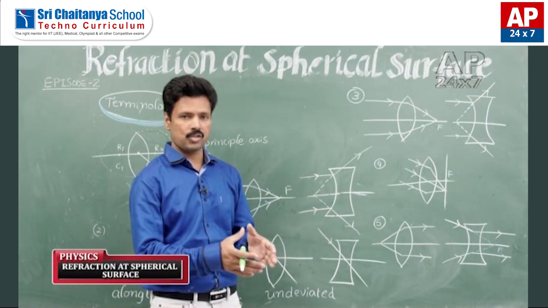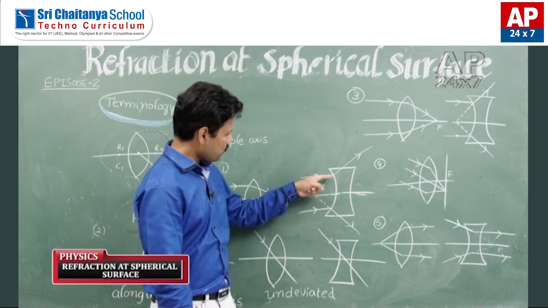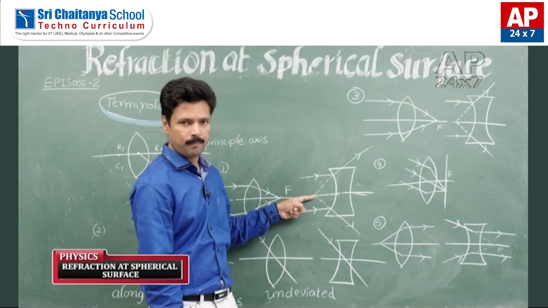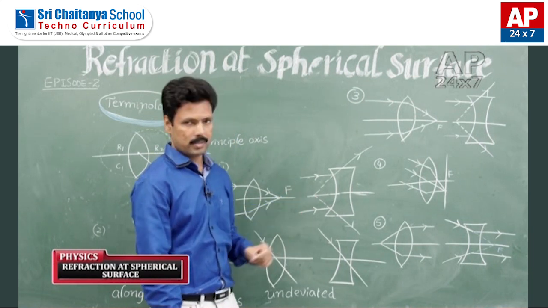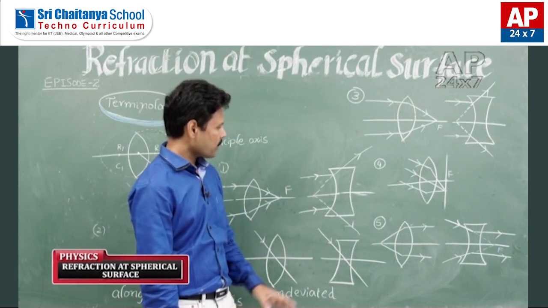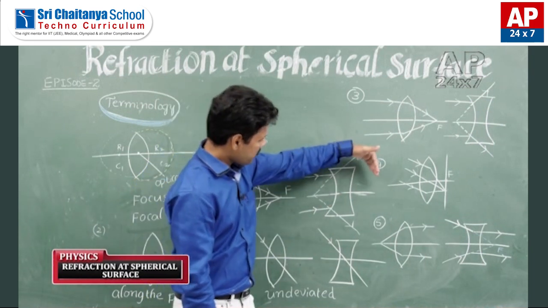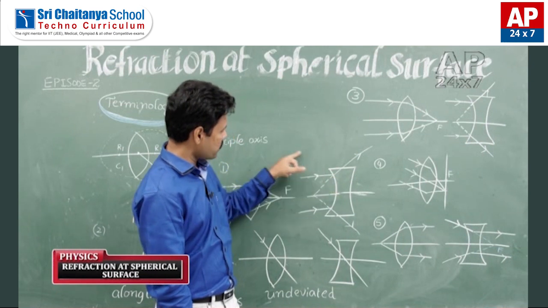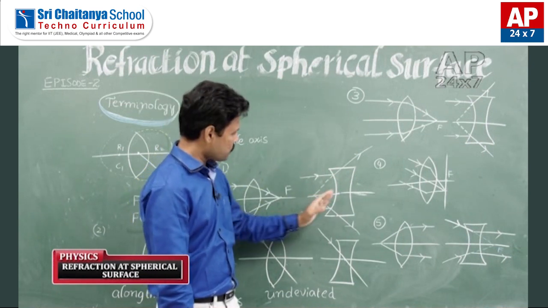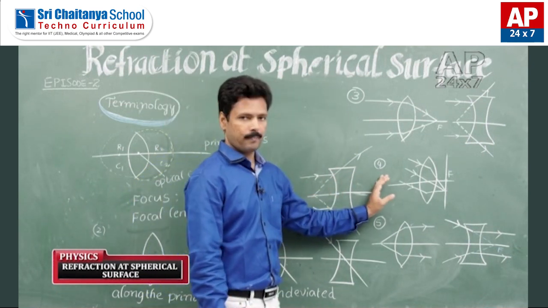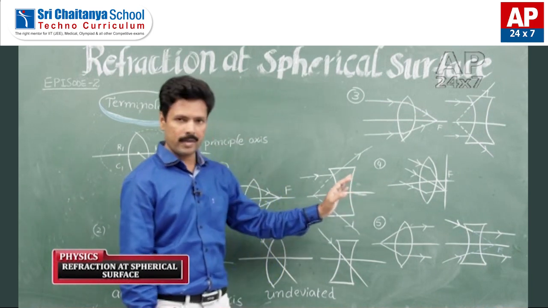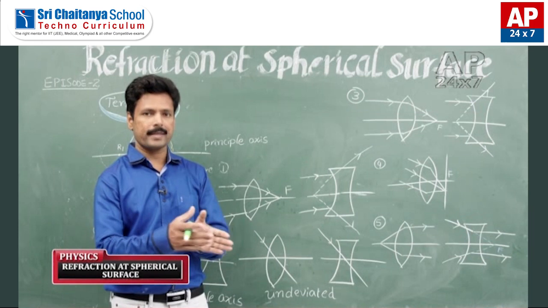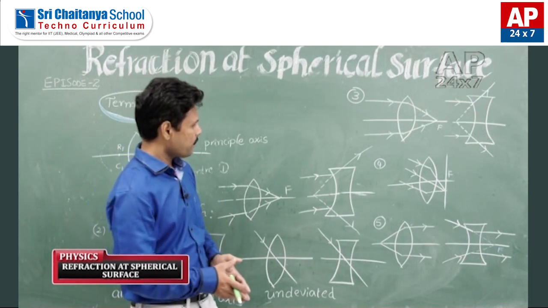It has a diverging nature. When you extend them back, they appear to converge somewhere here. So this is the focus for a concave lens. The same thing, when rays travel toward the left side, they diverge like this, appearing to converge on the right side. So it also has two foci, one focus on each side, right?